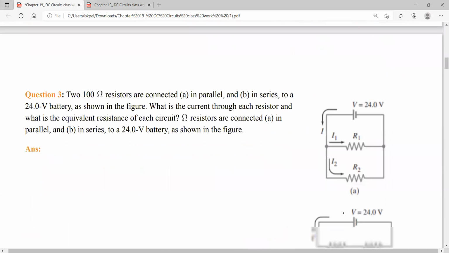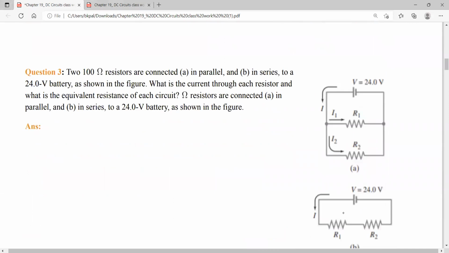Okay, the next one. Again, we have two circuits, one series, one parallel. Again, it says that the resistances are 100 ohms, so both R1 and R2 are 100 ohm resistors.